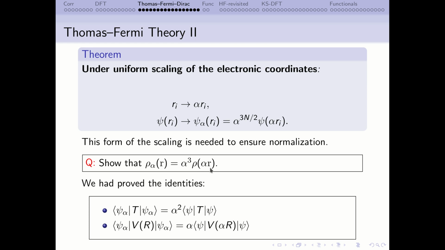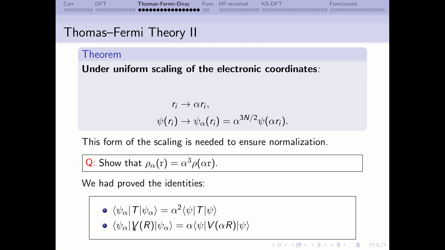Now we also proved these identities. We also showed that the kinetic energy evaluated with psi alpha was alpha squared times the kinetic energy evaluated with psi.